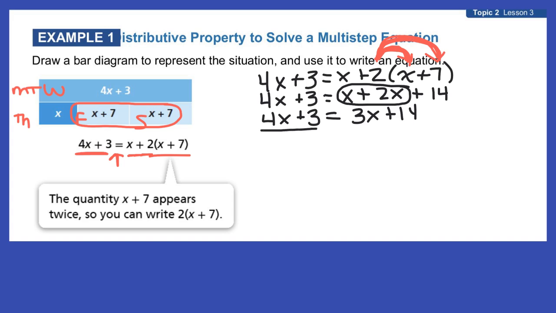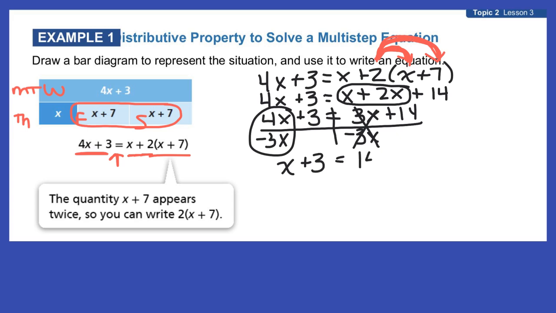Now this looks familiar. I'm going to pick on the little guy variable. I'm going to subtract 3 x's from each side because when I do that, 3 x's minus 3 x's disappears. This leaves me with an x and 3 on the left, and I have 14 on the right.